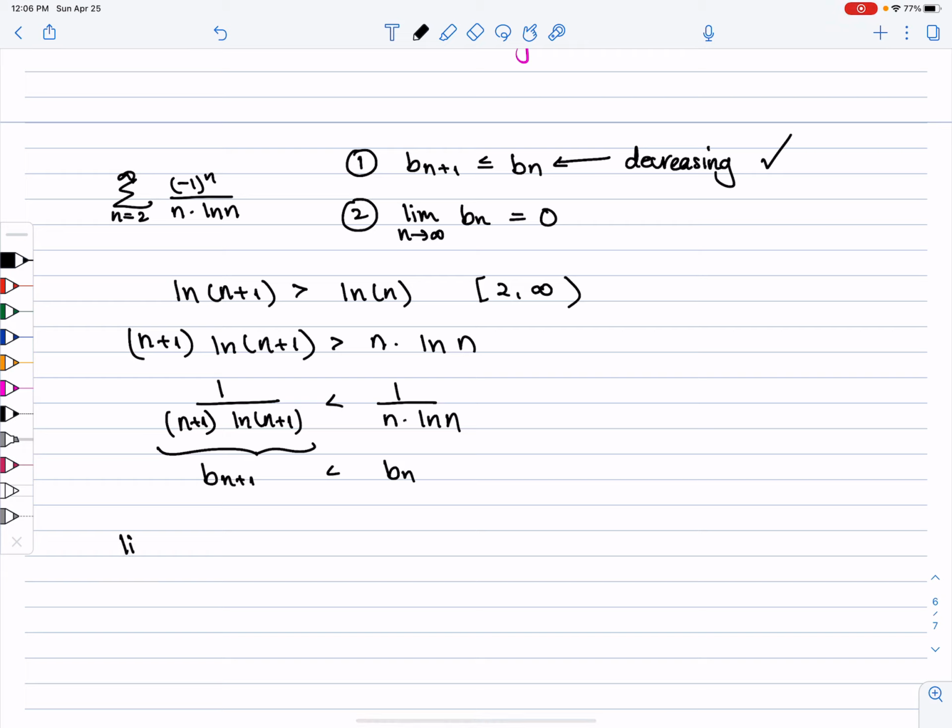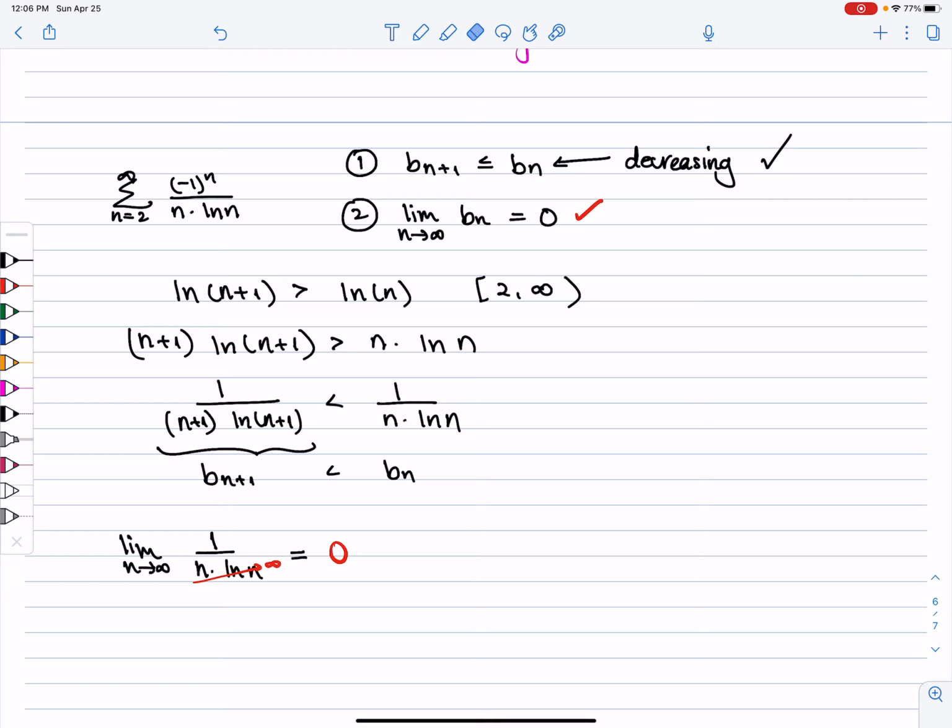Now we want to take the limit as n approaches infinity of 1 over n times ln of n. And this is going to be 0 because as your n gets bigger, this is going towards infinity. And 1 over infinity is going towards 0. So the second condition is also met.